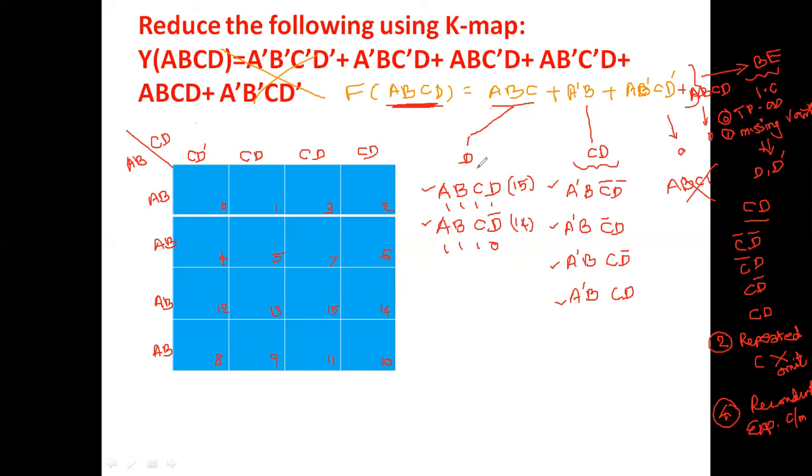For better understanding, I'm writing here. So 0 1 0 0 means what? 4. Then 0 1 0 1 means 5. 0 1 1 0 means 6. 0 1 1 1 is 7.